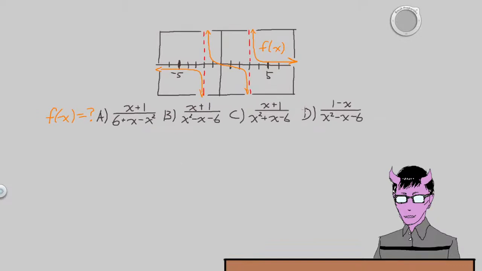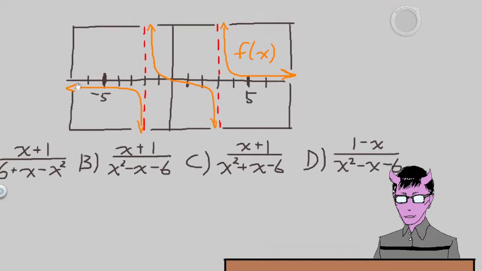So what to do? How do we get started with a problem like this? Well, long-term end behavior looks like a good way to go, and then also paying attention to the vertical asymptotes. So make note, for this end behavior in particular, it is above the x-axis.